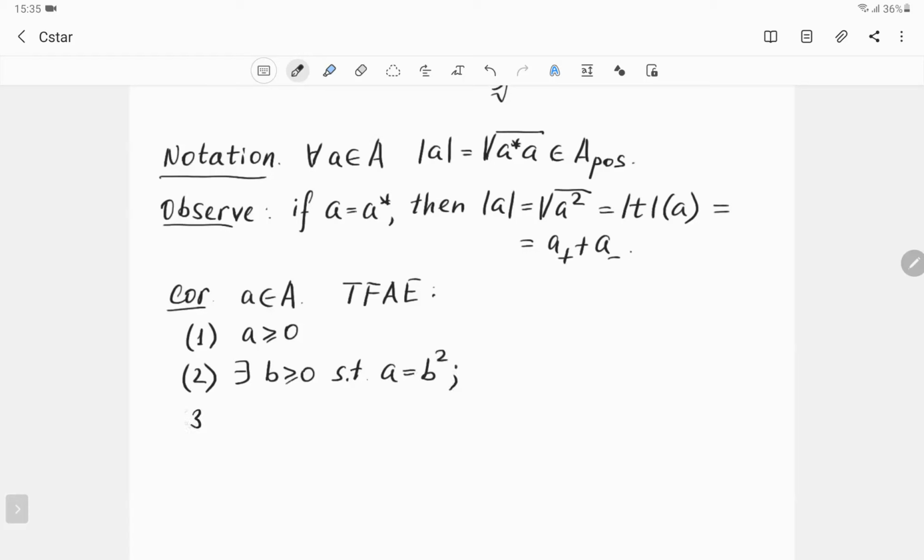Condition 3, there is a self-adjoint element B such that A equals B squared. And finally, condition 4, there is an element B in our algebra such that A equals B star B.